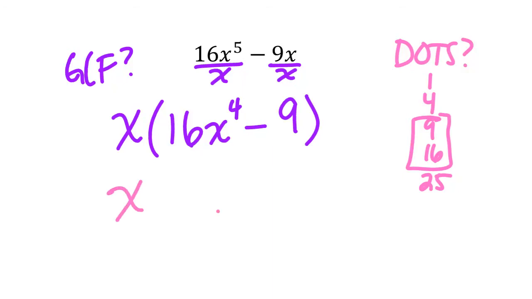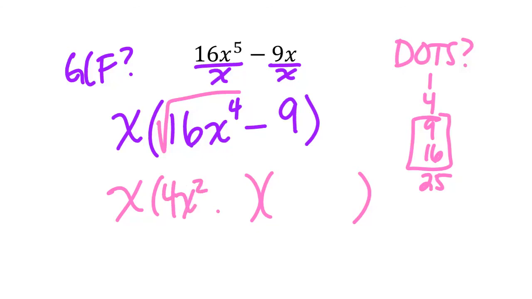So I need to split this into 2 binomials. Well, what's the square root of 16x to the 4th? 4x squared. And the square root of 9 would be what? 3. And then one minus and one plus. And then check, did you still have dots?